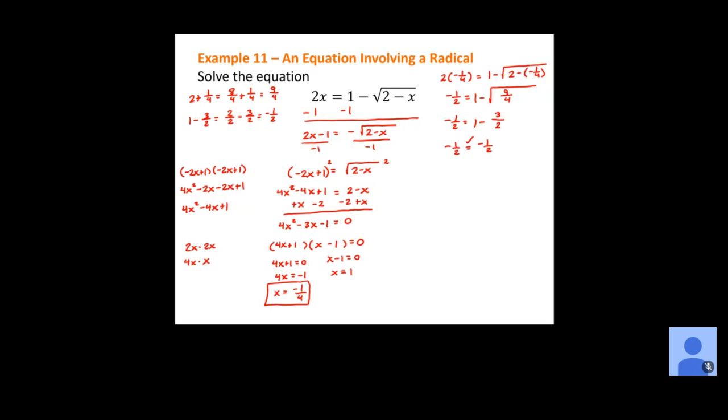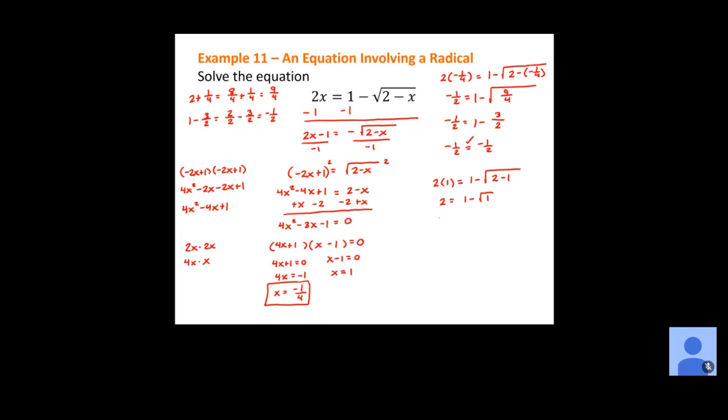Now we need to test the 1 and make sure that it also works. Okay, so again, I'm going to substitute into the original equation. So we have 2 times 1 is equal to 1 minus the square root of 2 minus 1. In this case, 2 times 1 is 2. 1 minus, and then the square root of 2 minus 1, that's going to give us the square root of 1.